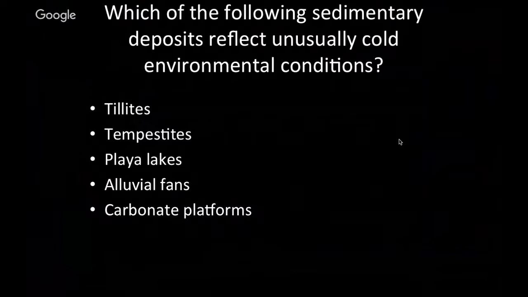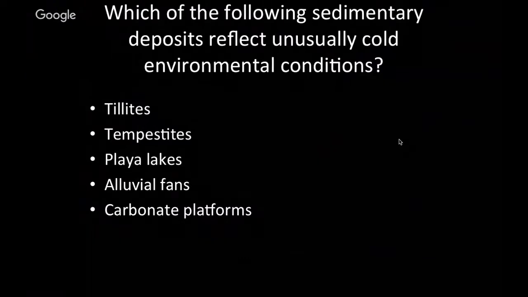Playa lakes. What are playa lakes? Playa takes its root from, it's actually a Spanish word for beach. Do we find beaches in colder weather? We probably do, but not where lakes are going to form. Then there's tempestites. What's a tempestite?